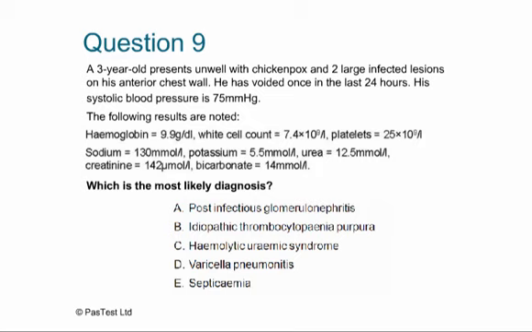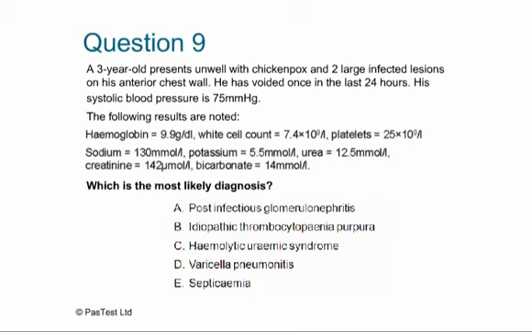His bicarbonate is 14 millimoles per litre. In this best of 5, which is the most likely diagnosis? Is it A, post-infectious glomerulonephritis, and that's a term that is largely synonymous with post-streptococcal glomerulonephritis, or B, ITP, C, HUS, D, varicella pneumonitis, or E, septicemia?